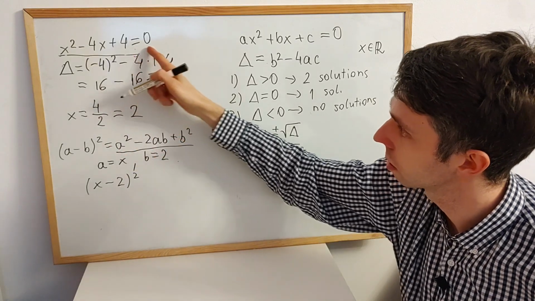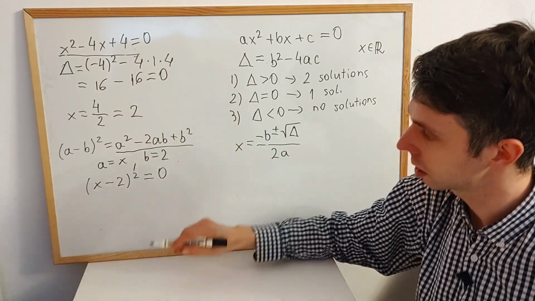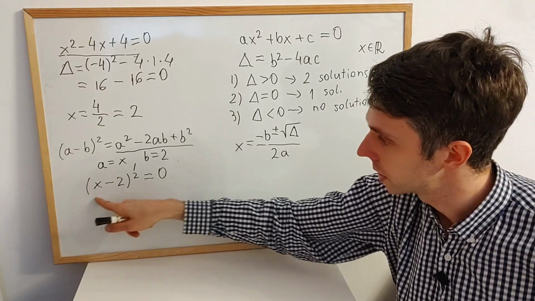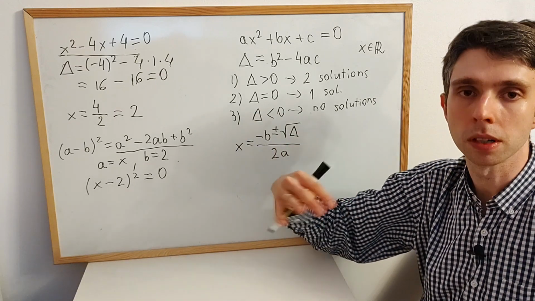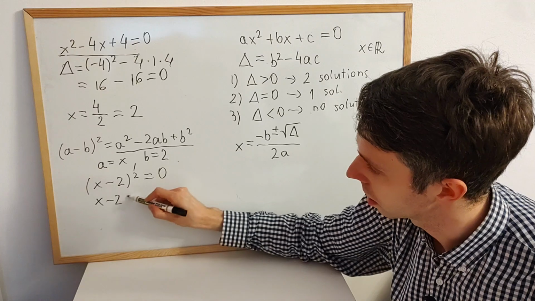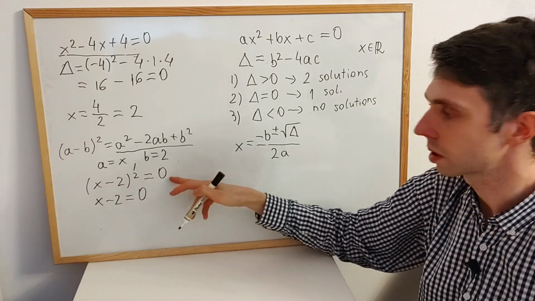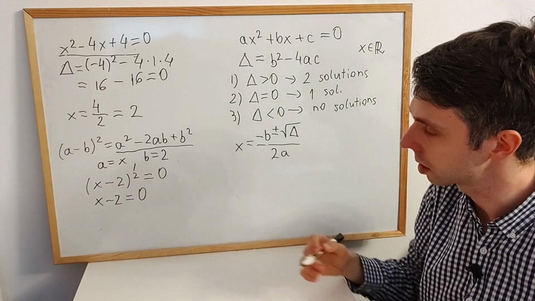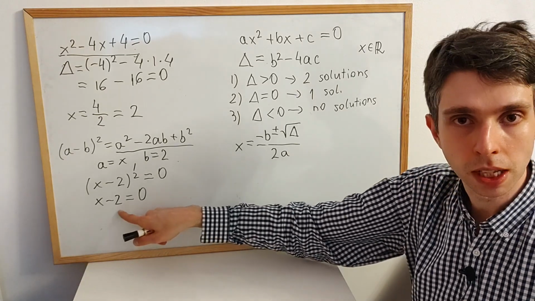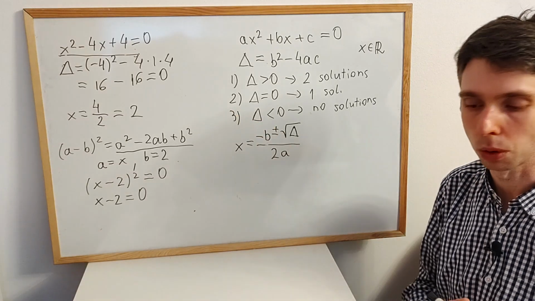So (x minus 2) squared equals 0. If a number squared equals 0, then the number itself, what's inside the bracket, has to also equal 0, because 0 squared gives you 0. So x minus 2 equals 0, so now you see that x equals 2.